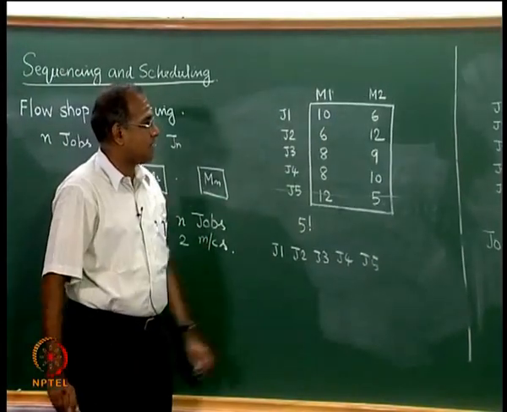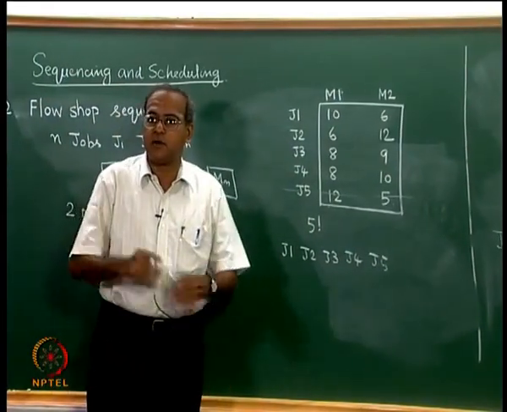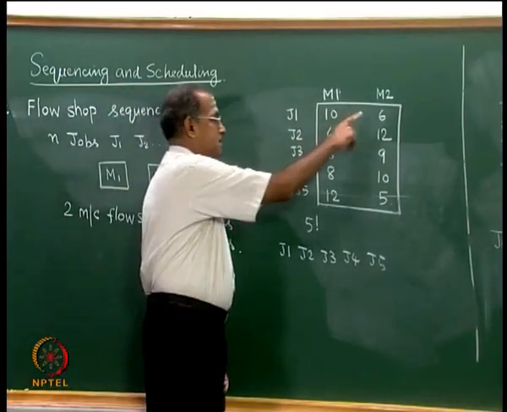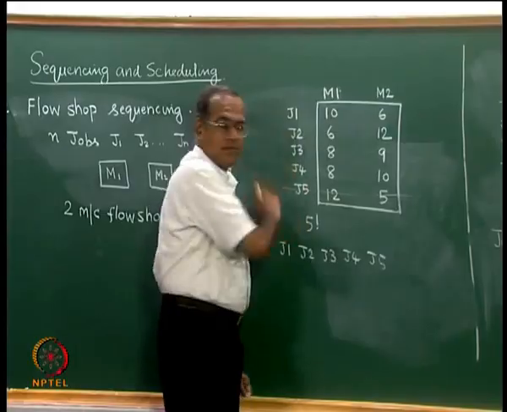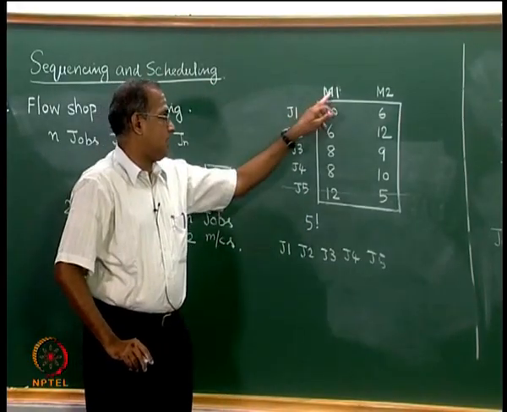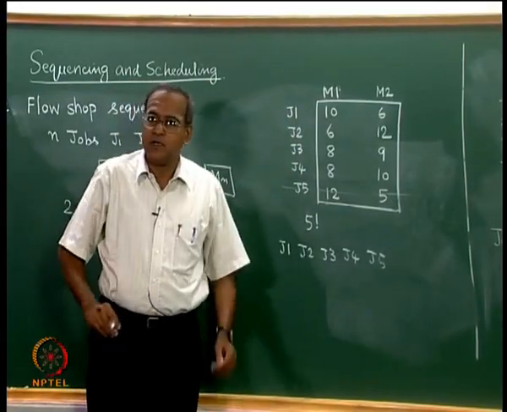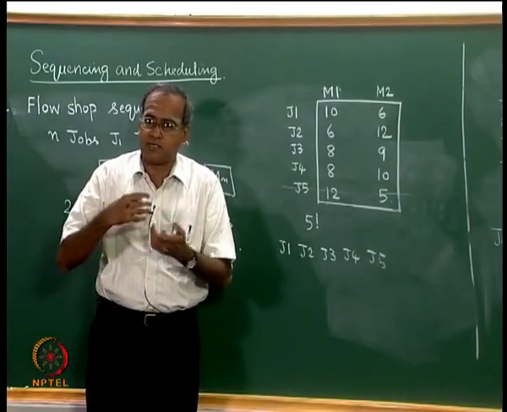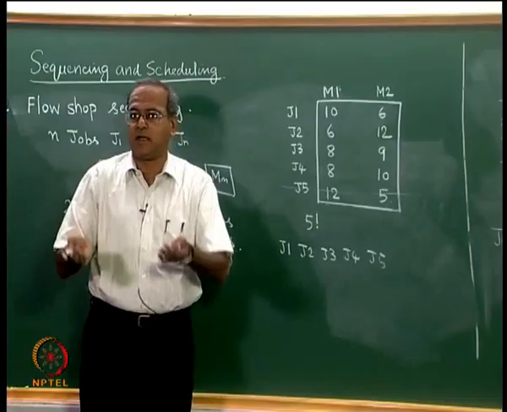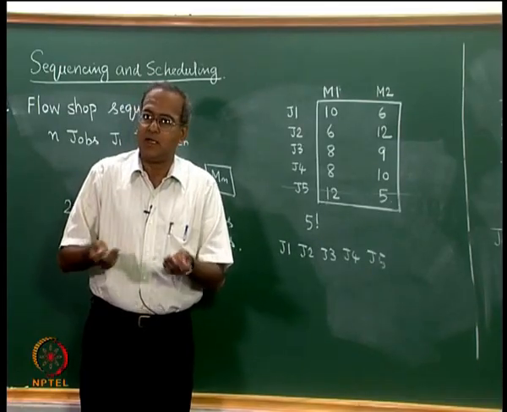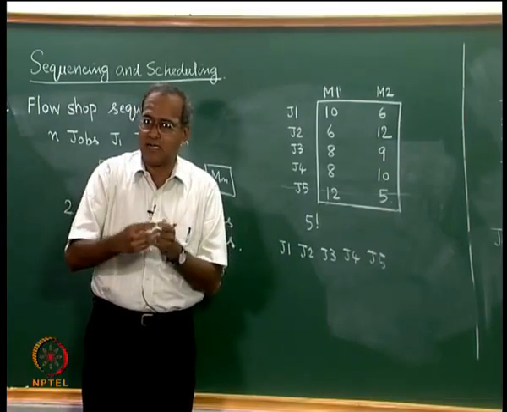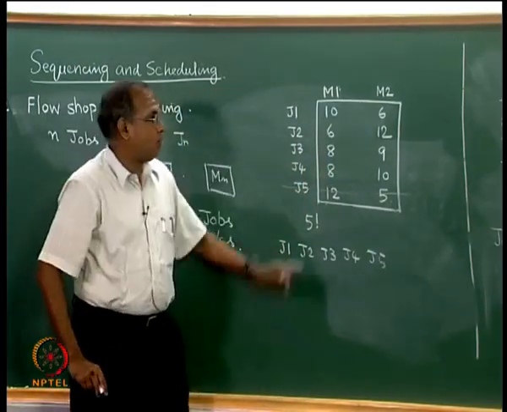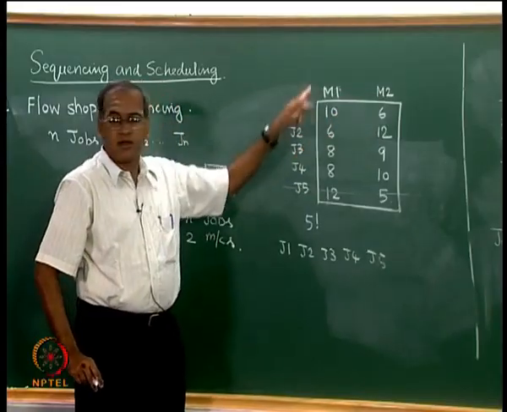Now, look at the rest of the table and try to find the smallest number. The next smallest number is 6, and it happens to be on M2 for J1 and also on M1 for J2. When we have a situation like this, where the smallest number appears on M2 as well as on M1, we may be tempted to believe that there is a tie, because 6 is appearing in two places, in one case on M2, in the other on M1.